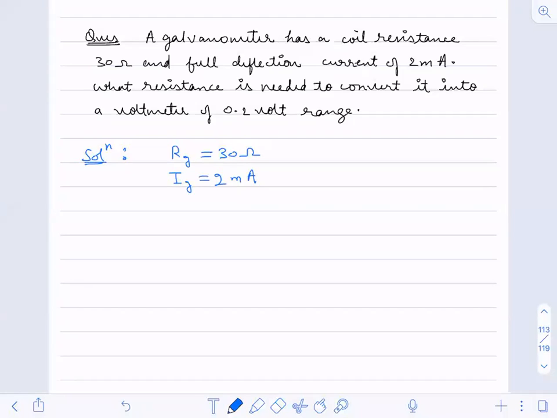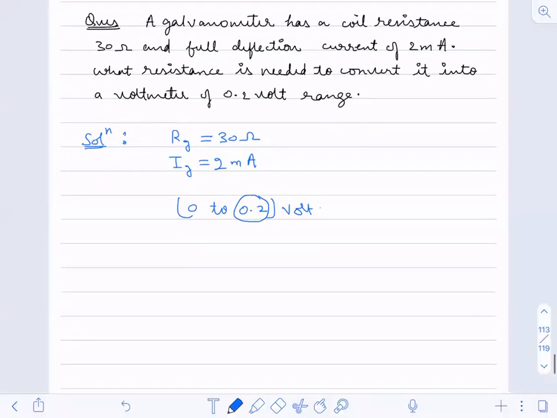What is the resistance needed to convert it into a voltmeter of 0.2 volt range? That means it should read from 0 to 0.2 volts. This is the range for which you have to construct the voltmeter, so we construct it corresponding to the highest voltage.